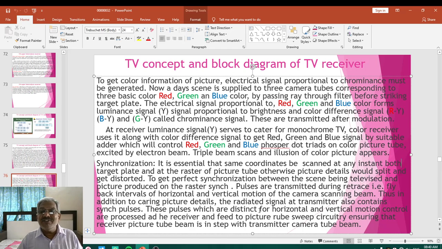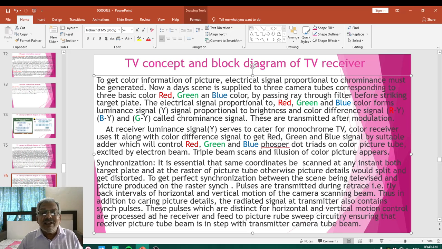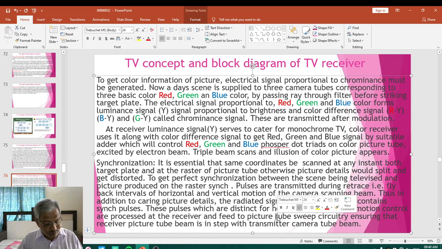These sync pulses, which are distinct for horizontal and vertical motion control, are processed at the receiver and fed to the picture tube sweep circuitry, ensuring that the receiver picture tube beam is in step with the transmitter camera tube beam.